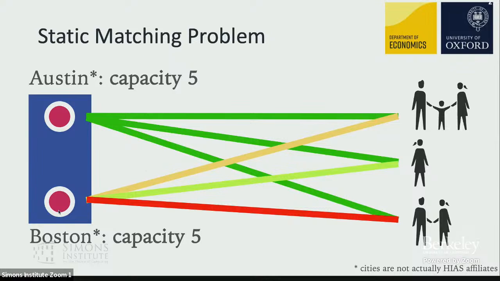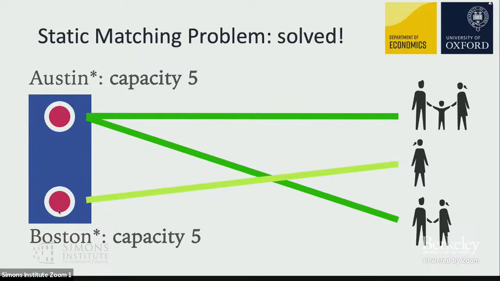A green edge means high employment probabilities, a red edge means low employment probabilities, and the colors in between are something intermediate. If you had a static matching problem, where all the refugees arrive at once, which you don't, you could just solve this and match the families in the best possible way. Let's run a simple knapsack algorithm here, and it will maximize.